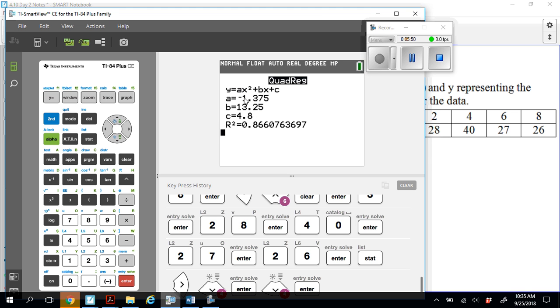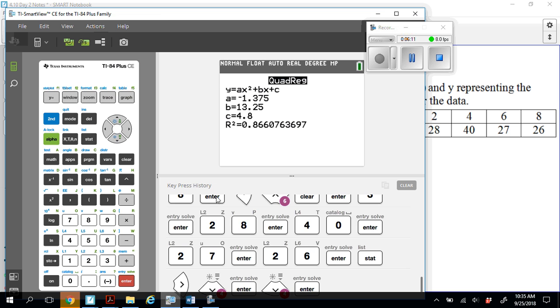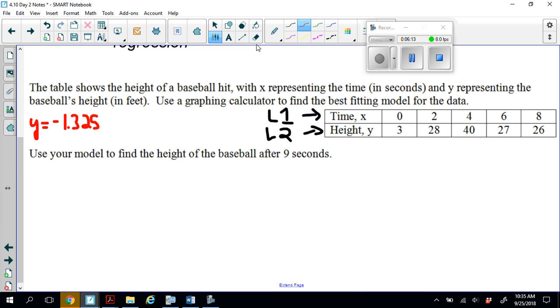So we're going to plug those values in for A, B, and C to write our quadratic model or quadratic regression. So our final answer here is going to be y equals, now don't forget the y equals because we are writing an equation, negative 1.375. Let me double check that's correct. Oh, it should be 375. Change that there.